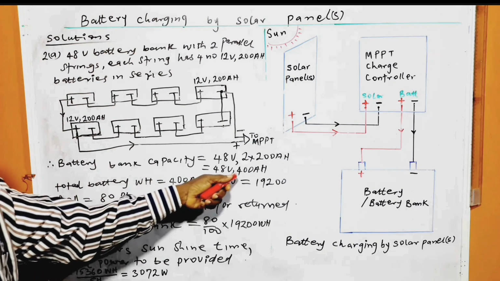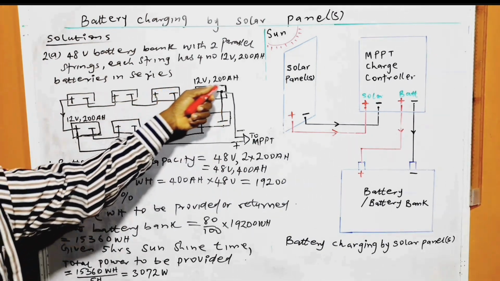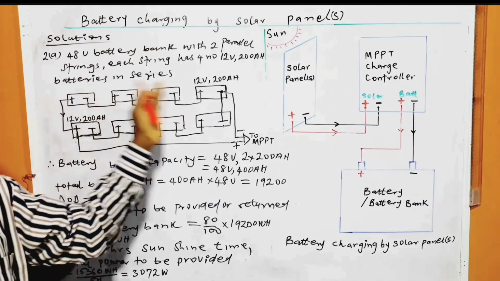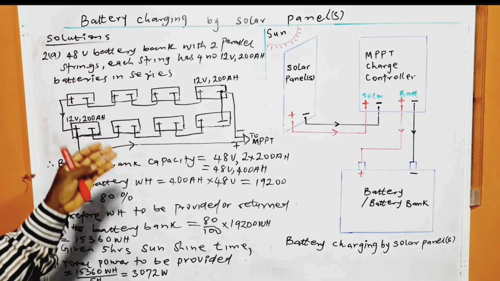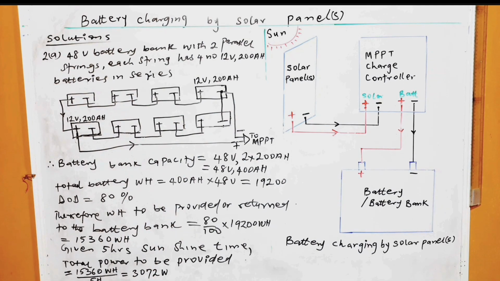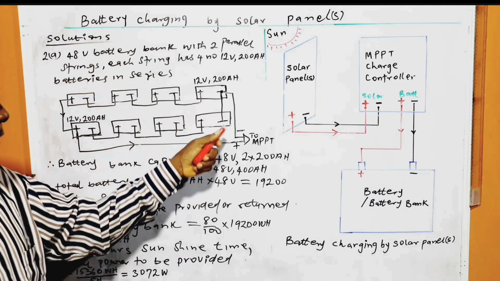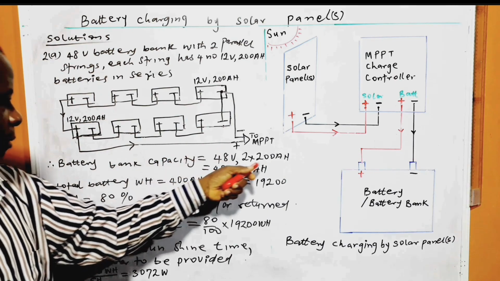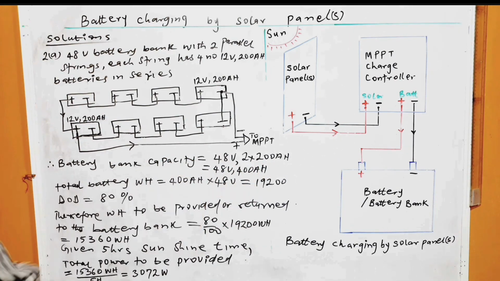For the capacity, each string has 200 ampere hour, because when batteries are connected in series, the ampere hour does not change. It remains constant. It's only the voltage that increases. So we have 200 ampere hour in parallel with another 200 ampere hour, making 400 ampere hour, and that is what is here.